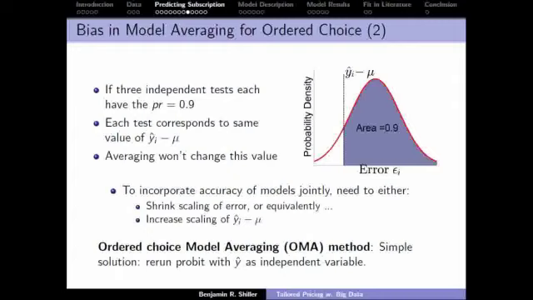Another very easy way to address this is to include each person's estimate of their underlying latent variable minus the threshold as the only explanatory variable in a new probit model. And then that will allow it to use the data to figure out how much to scale it up. So that's the procedure that I use.